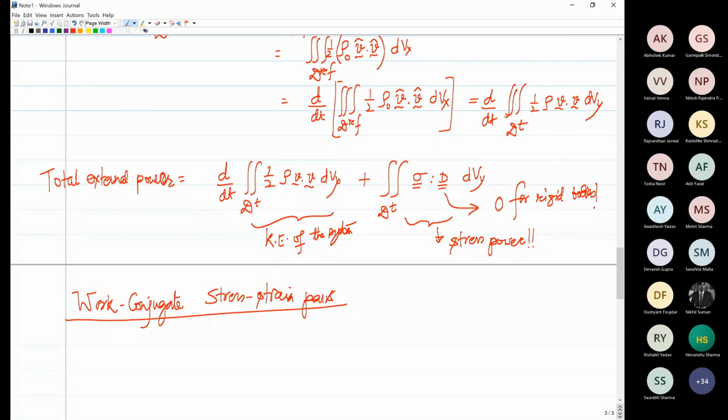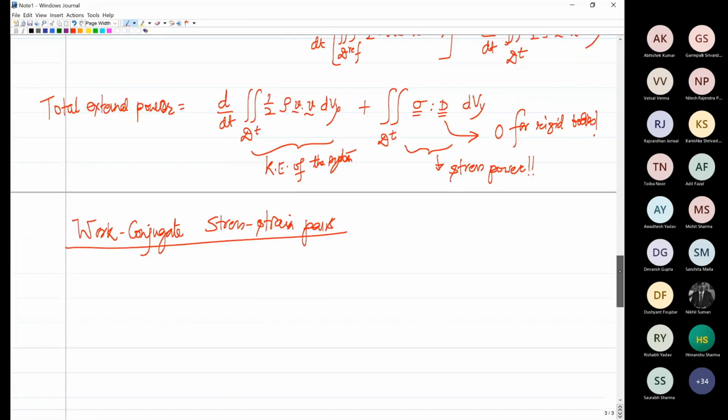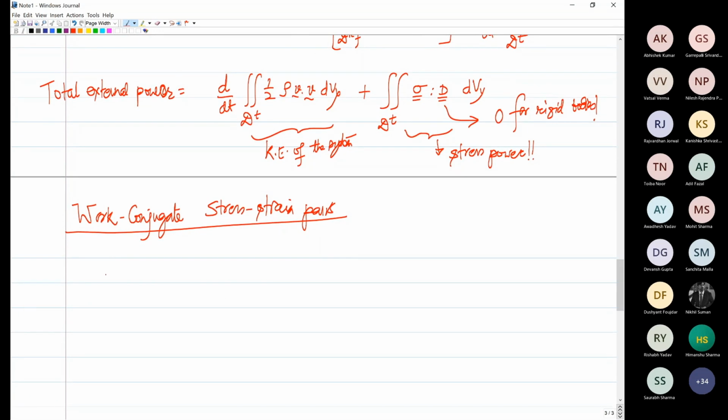So for every measure of strain, there will be a corresponding stress. And how are they related? Is by the fact that when you do stress dotted with strain dot, it should give you the same power as here. So I'll illustrate that also. So basically, if stress is denoted by, let us say, I should use something else, no?